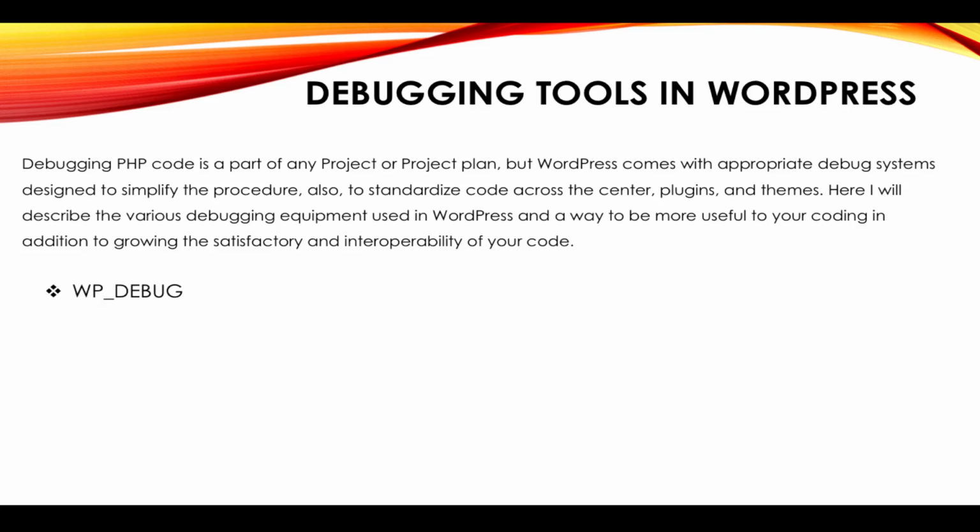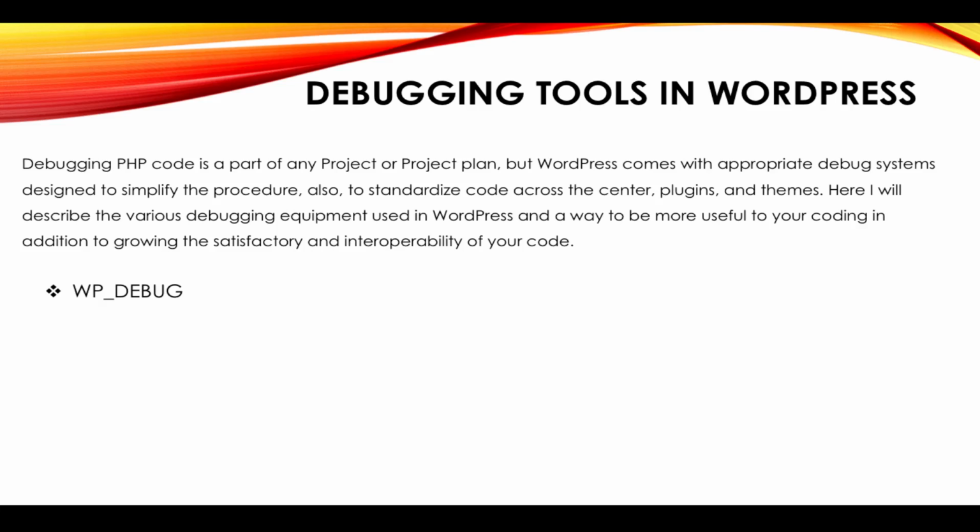So make sure WP Debug is enabled only on the dev version or on a site which is showing under construction. There are under construction plugins and code as well, where you can put your WordPress site under construction. I will show you later how to use and apply WP Debug.